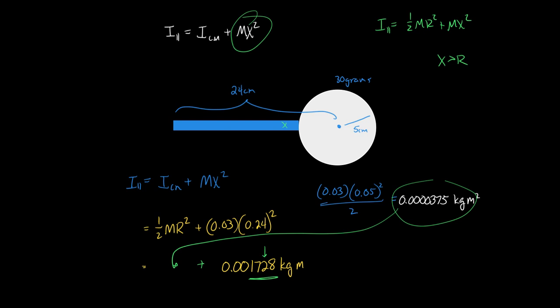Maybe. But I am noticing that this is a square, right? We don't have the moment of inertia of a square up there. We should probably find it. Seems like a homework question for you guys. Find the moment of inertia of a square.